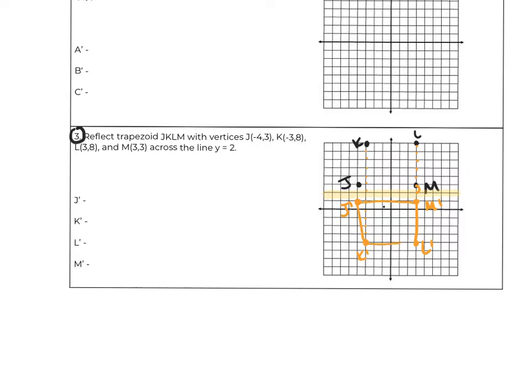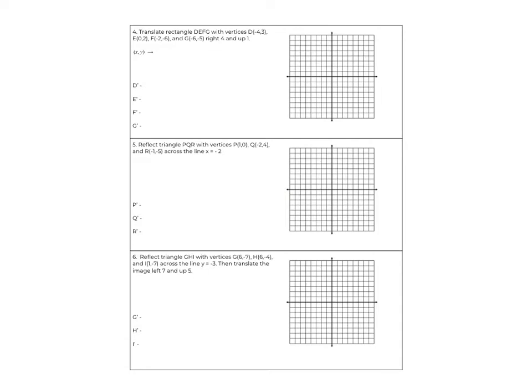Okay, and then just kind of glance at it, make sure it lines up to where it looks congruent since it was just a reflection. And you will write your new points over here. Make sure you go back and do these. I want you guys to practice naming those points though. Okay, I don't remember exactly which ones I told you to do on this section, so check the board for that.